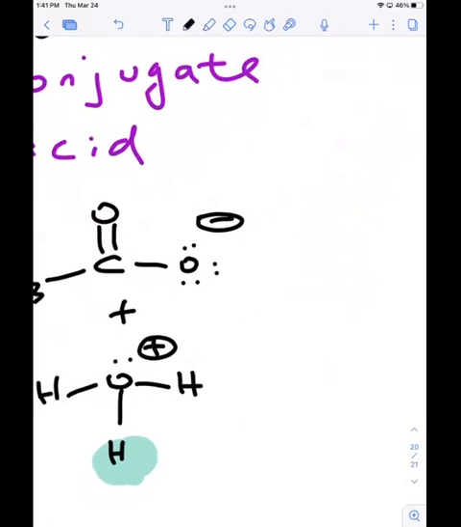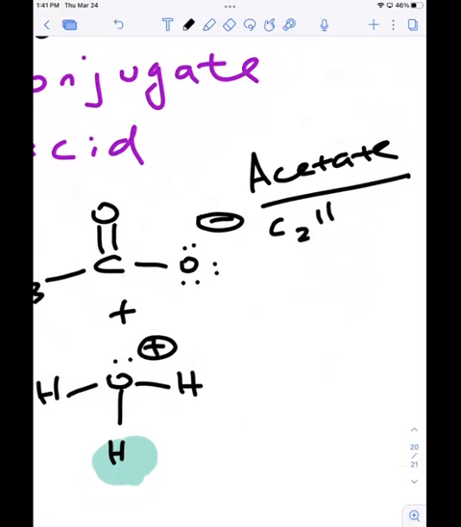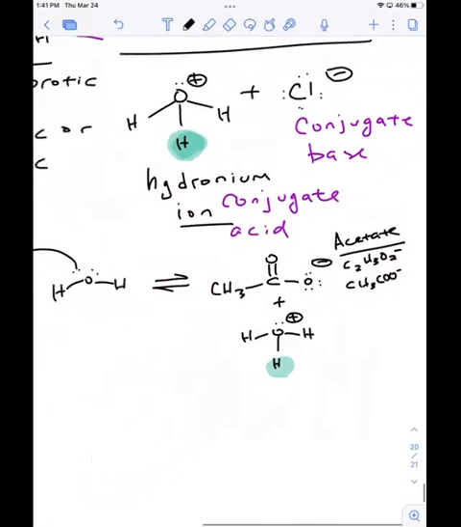This is the acetate ion. Sometimes you'll see it written like that. The other day when we were talking about it, we saw it written like this, C2H3O2 minus. Or you can see it written like this, CH3COO minus. But all of it is the same. It's the acetate ion. It's one of the polyatomics that we studied earlier.